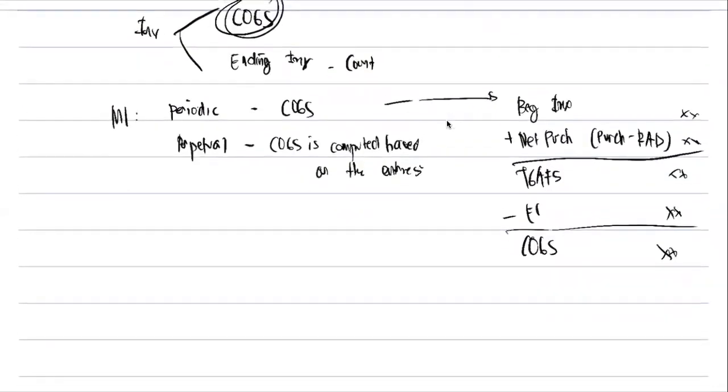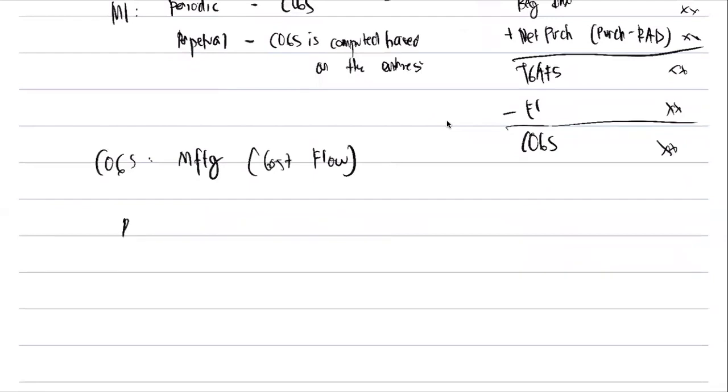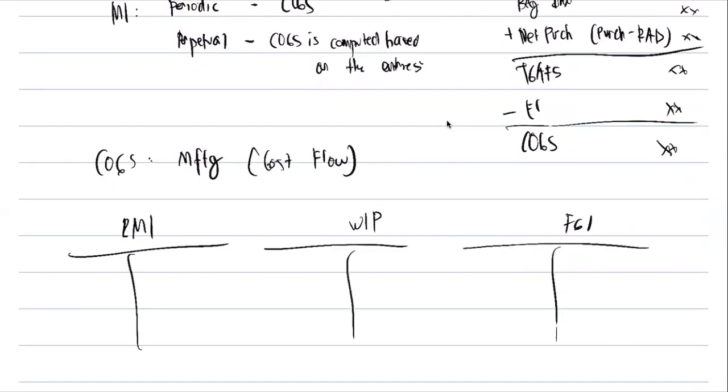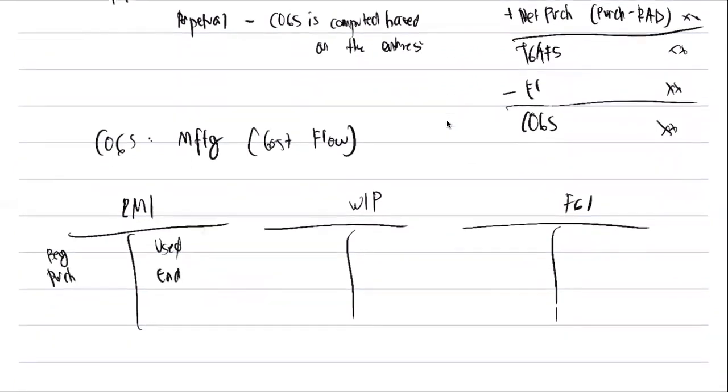How about the computation of your cost of goods sold under your manufacturing concern? If that is a manufacturing concern, we still need to know the cost flow. Okay, so just a review. We have your RMI, we have your work in process, and we have your FGI. Okay, so your RMI, we have your beginning, we have your purchase, we have your use, and we have your ending. So the use is placed here in your work in process.